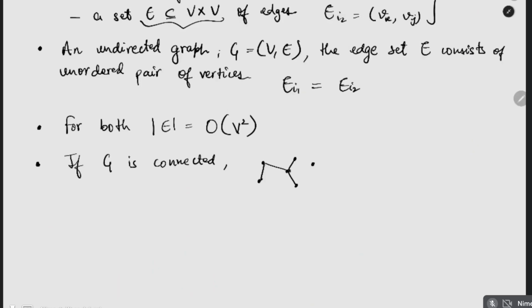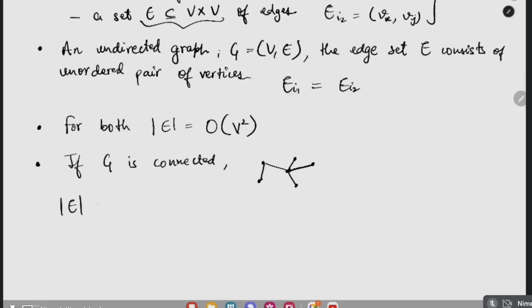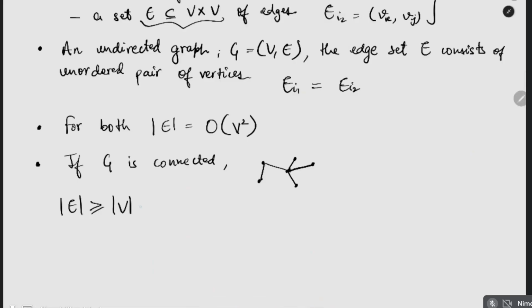Or it forms a single graph, a single entity. And for connected graphs, the property that holds is that E is at least the number of vertices minus one.